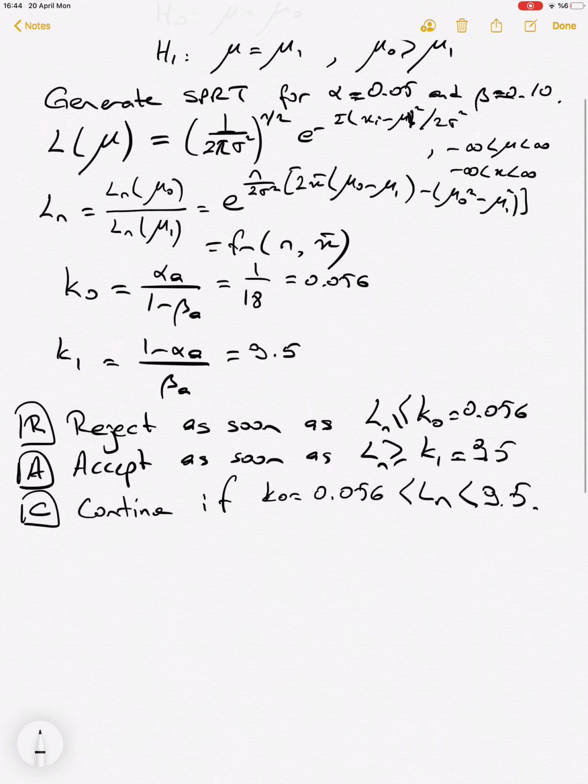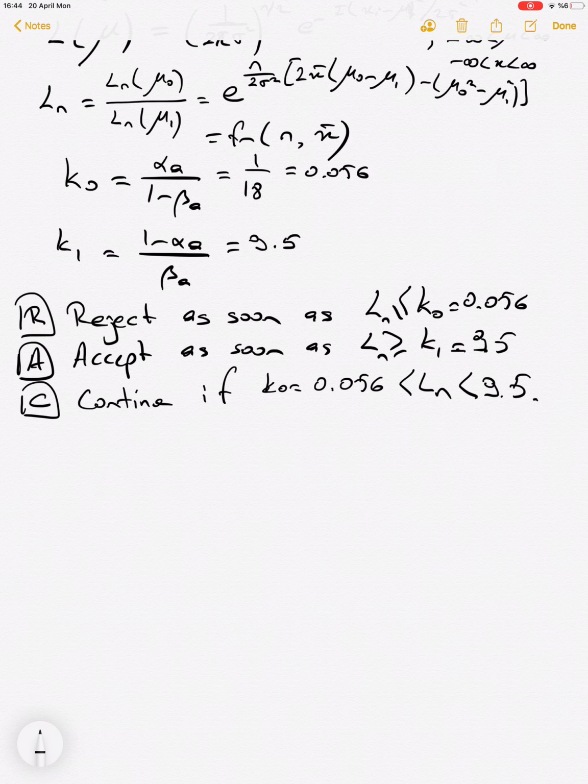Okay, so if this is the case, we will continue taking samples.